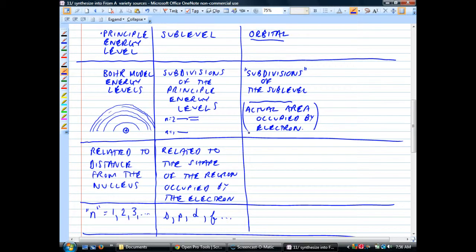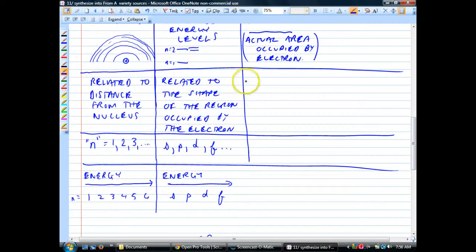Now, how is that different from what we said before? Well, it's different from the sublevel because it's related to the orientation of the area occupied by the electron.